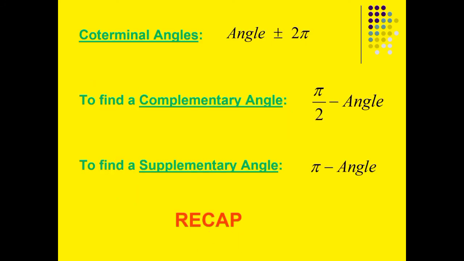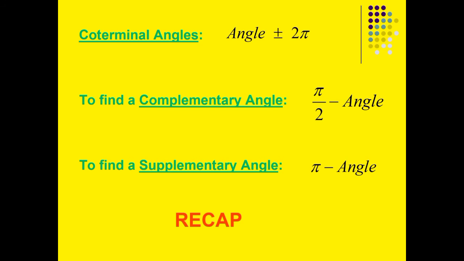For the coterminal angles, in order for us to get a coterminal angle, we take the angle plus or minus 2 pi.